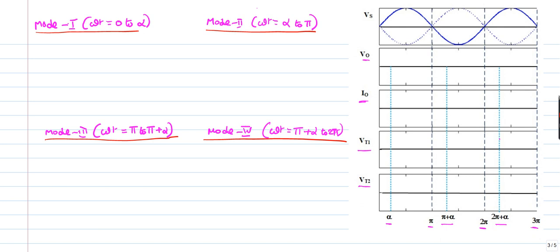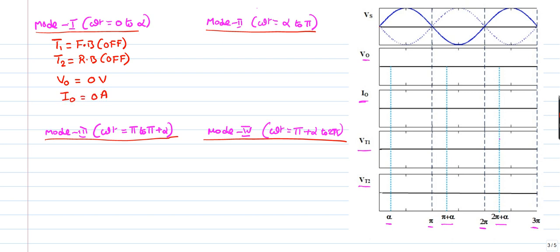Alright, now we'll see the analysis of mode 1. In mode 1, zero is the starting point of the positive half cycle. T1 will be in forward blocking mode, off state, and T2 is in reverse blocking mode, also off state. Both T1 and T2 are off, so the output voltage is 0 volts and the output current is 0.